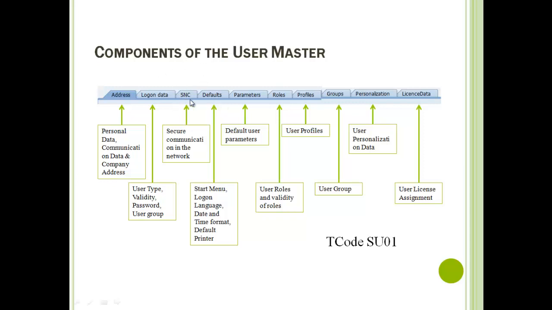SNC full form is secure network communication. Then you will have the certificate which we can define here. Next tab is defaults. In this tab you can define the startup menu, logon language, date and time format and default printers, stuff like this. And next one is parameters. Here we can define the user parameters.